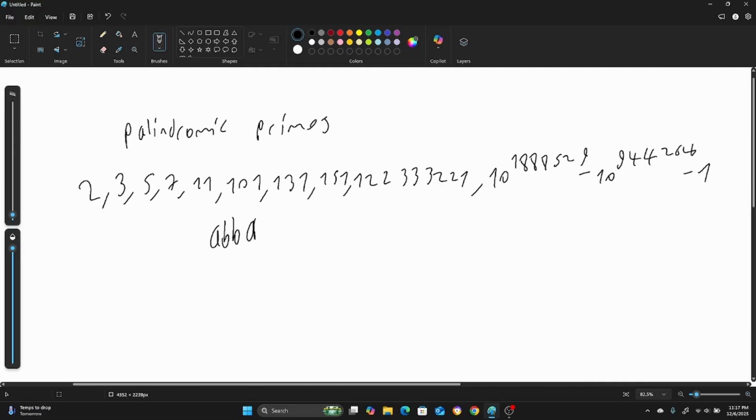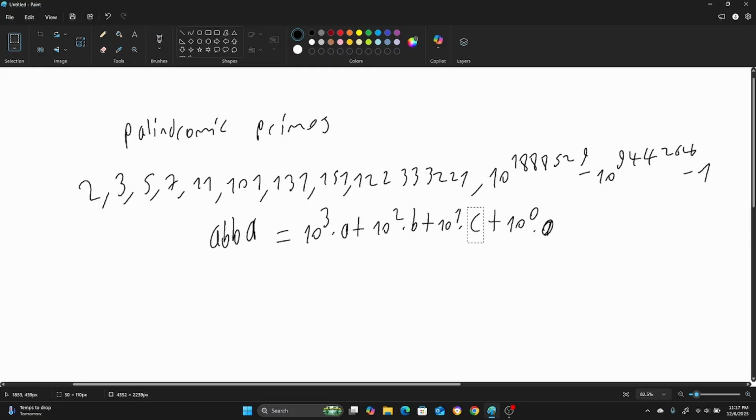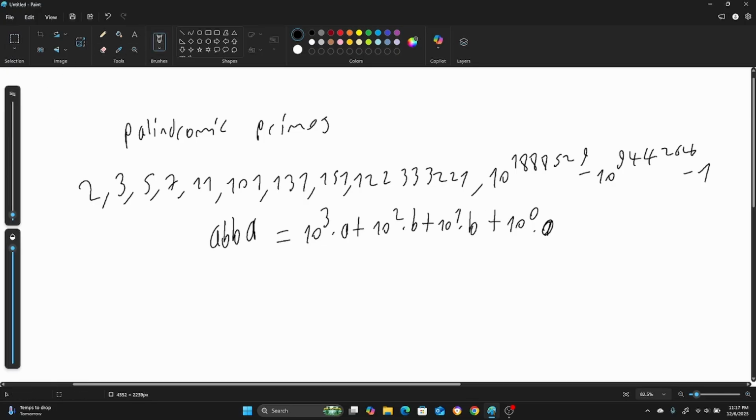We can write this from the very far left as 10 to the 3 multiplied by A plus 10 to the 2 multiplied by B plus 10 to the 1 multiplied by B plus 10 to the 0 multiplied by A. I kind of made a mistake here, this is gonna be B. Now we have this, right? This is pretty obvious.